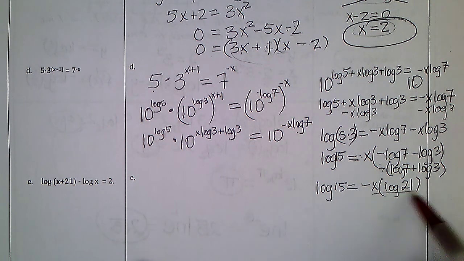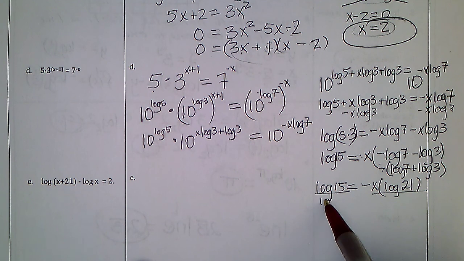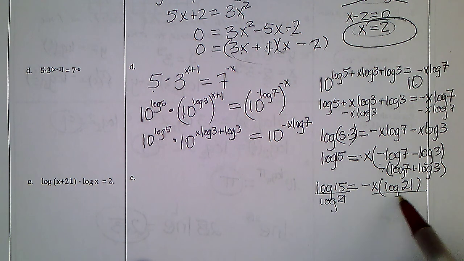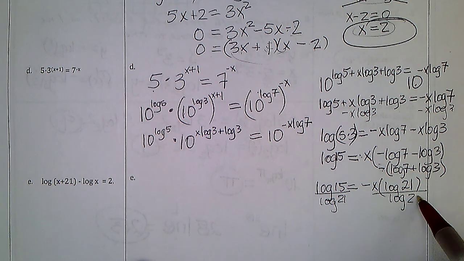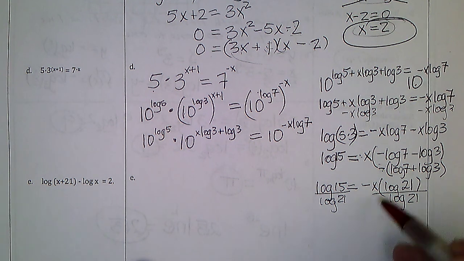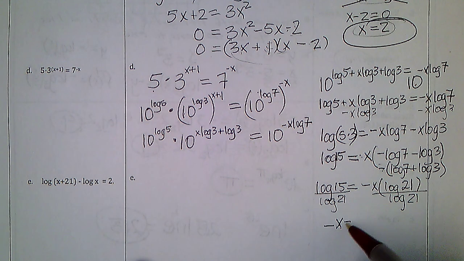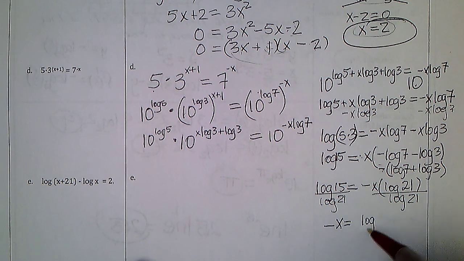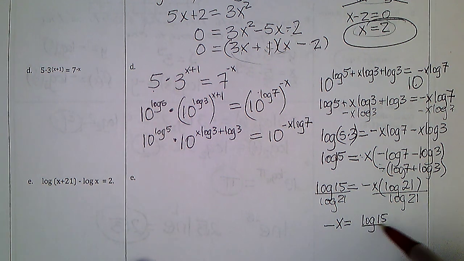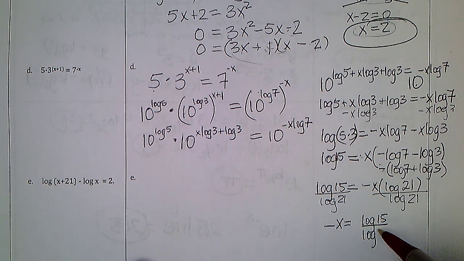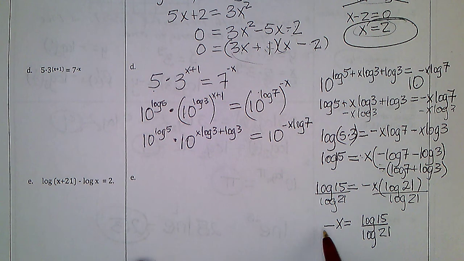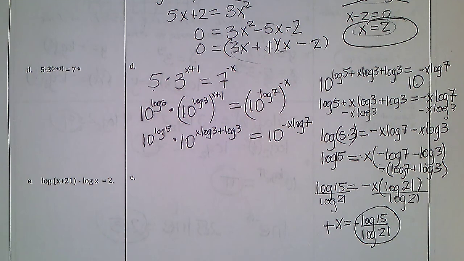So now I need to divide by the log of 21. And so I get negative x equals log 15 divided by log 21. And then multiply both sides by a negative, and I get this as my answer.